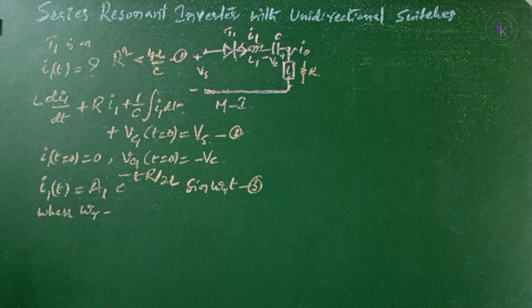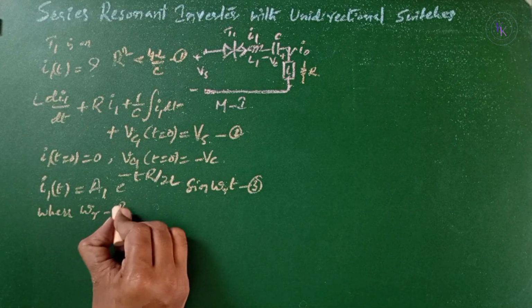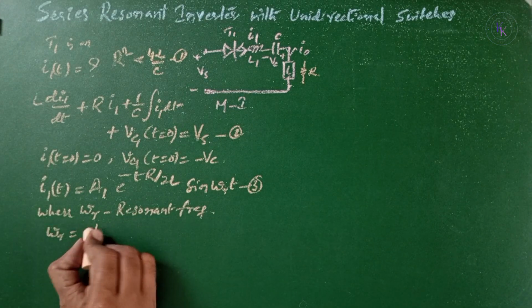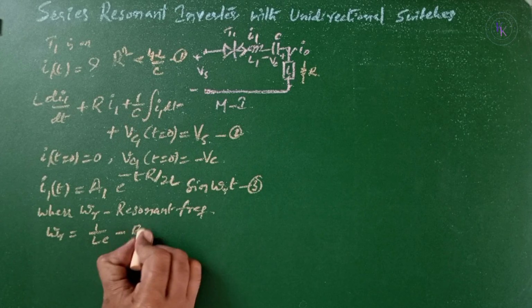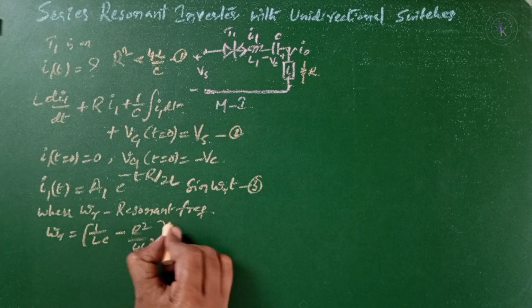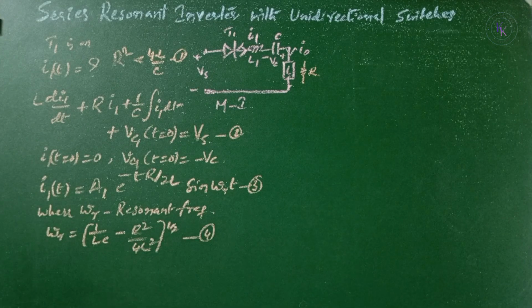Now omega R is the resonant frequency, given by omega R equals the square root of 1/LC minus R squared by 4L squared. That will be equation 4.